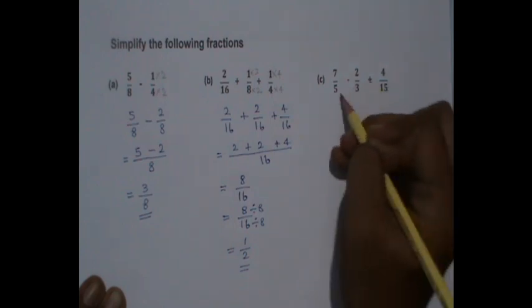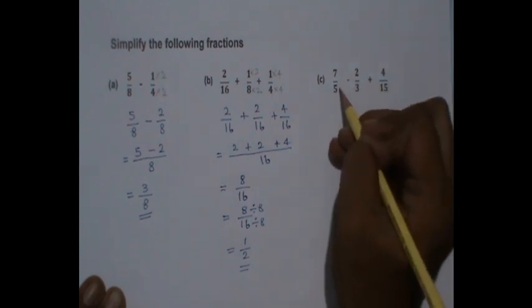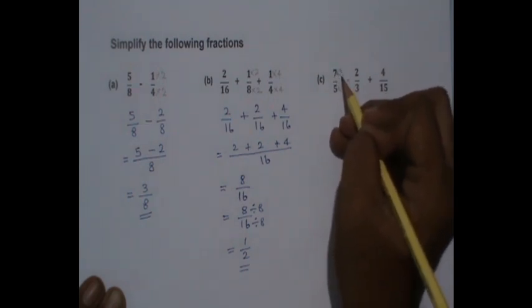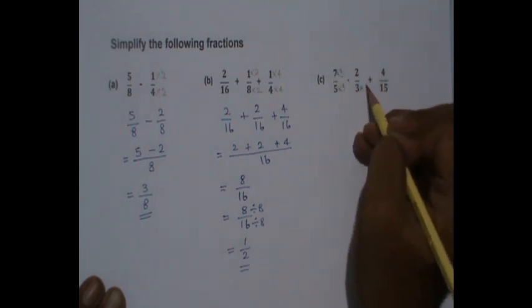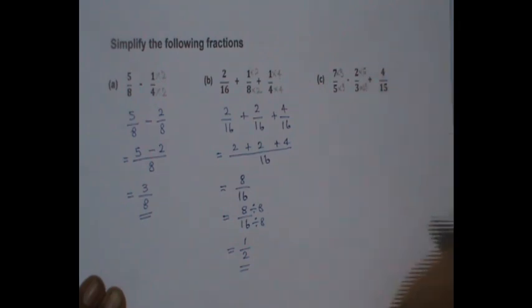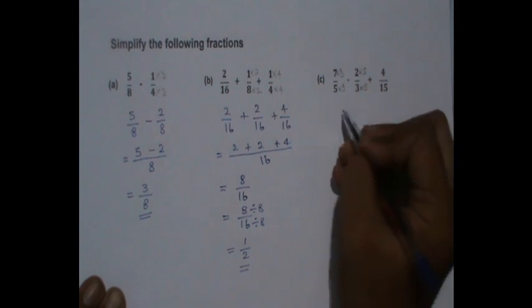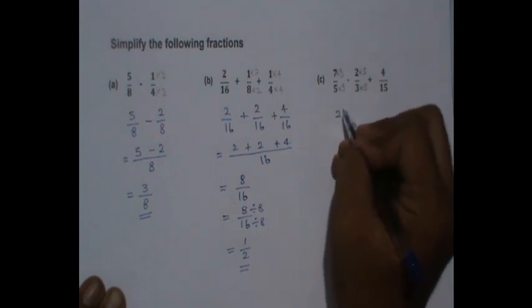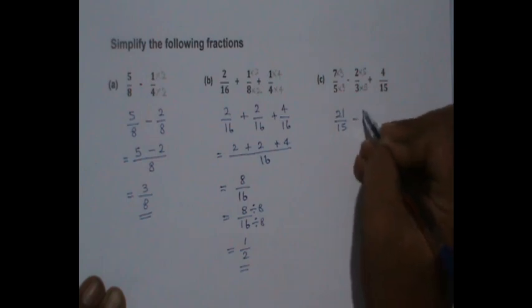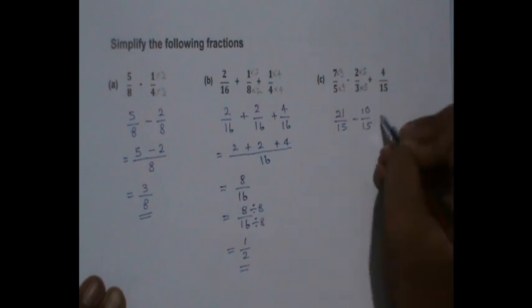Third one, we can multiply this one by 3 to get 15, and this one by 5 to get 15. This is 21/15, here 10/15, plus 4/15.